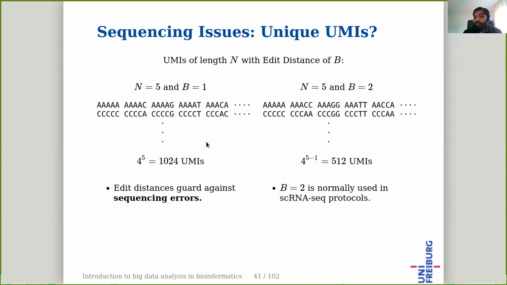And usually the b that is used in the scRNA single cell protocols is about 2.